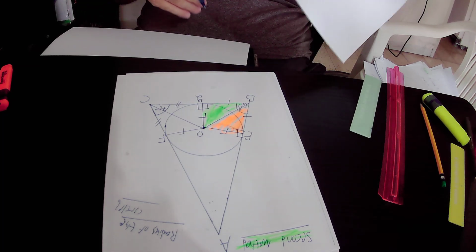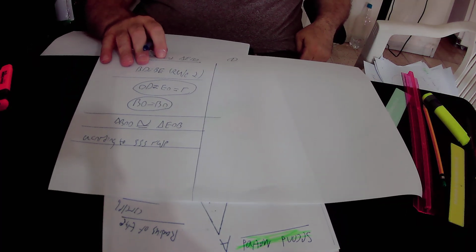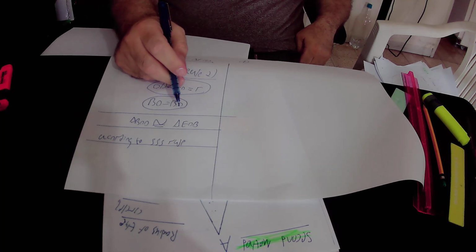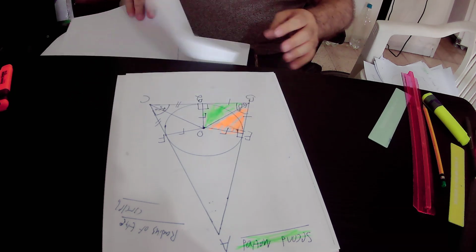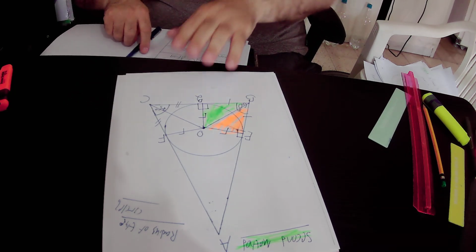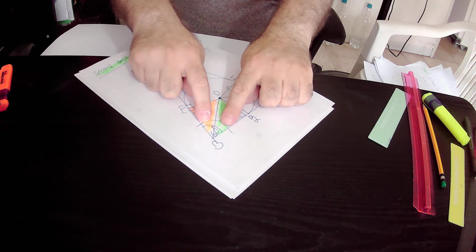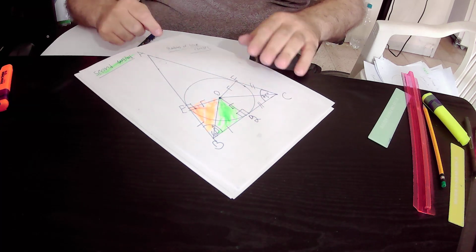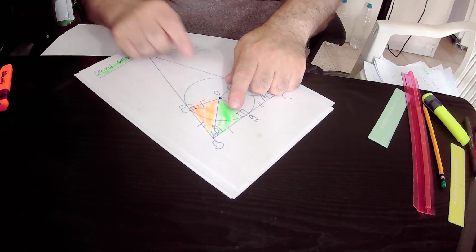From the fact that the two triangles are congruent to each other, we derive that those two angles are equal to each other, according to the rule that corresponding angles in congruent triangles are equal to each other. Those two triangles are congruent to each other, therefore the two corresponding angles must also be equal to each other.